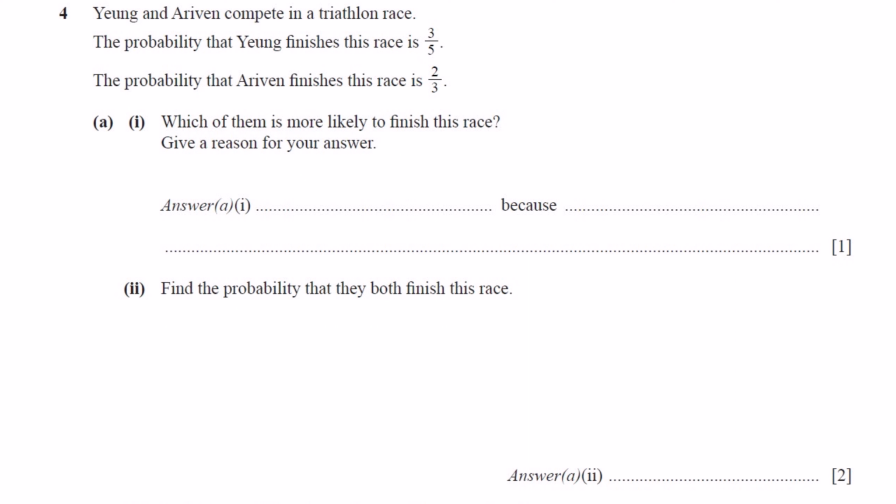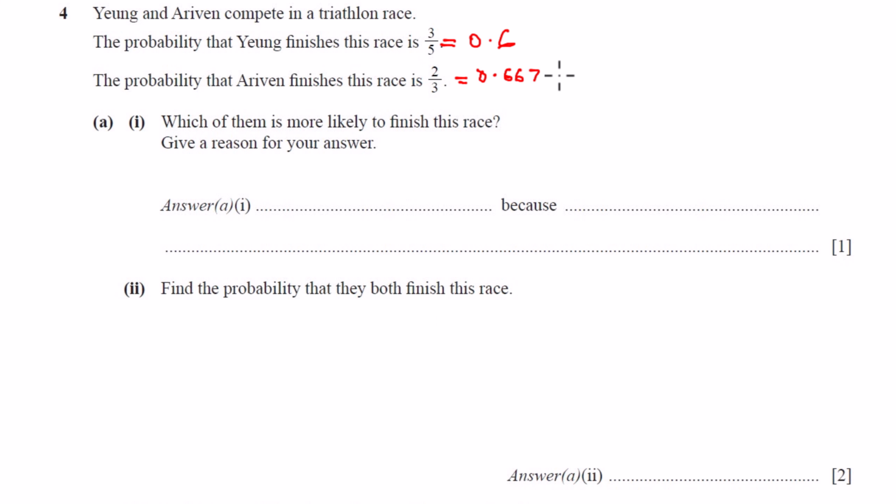So which of them is more likely to finish the race? There is not much to do other than to compare the fractions. Which of the fractions is greater? This is probability. Which of them has a higher probability of finishing the race? If I convert this to decimal, it is much easier to see. This is 0.6, while this is 0.667.